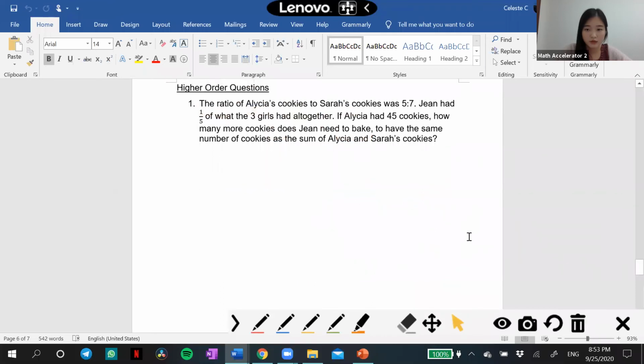Okay, let's get to the higher order questions. Okay, question 1. The ratio of Alicia's cookies to Sarah's cookies was 5:7. Jean had 1/5 of what the 3 girls had altogether.